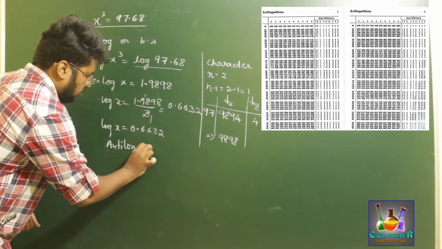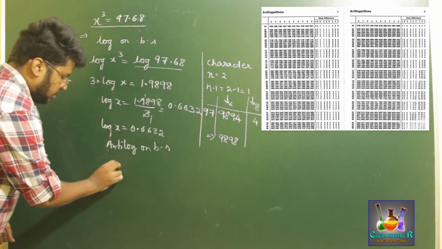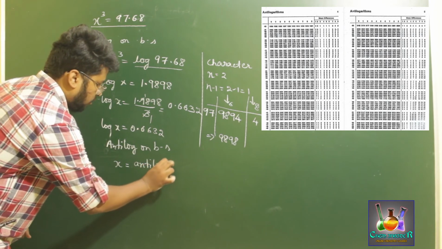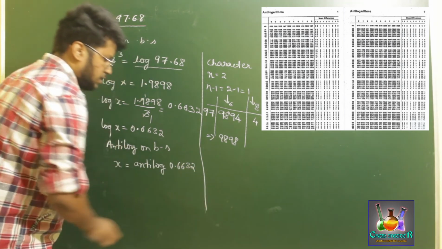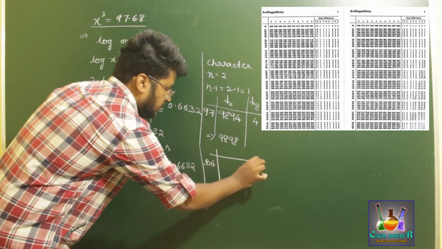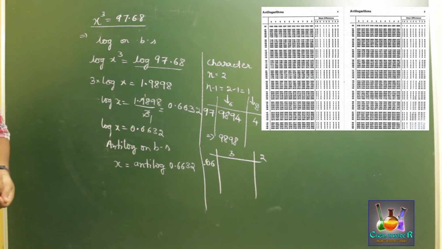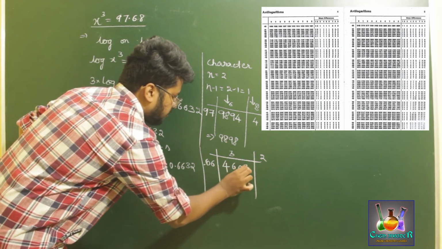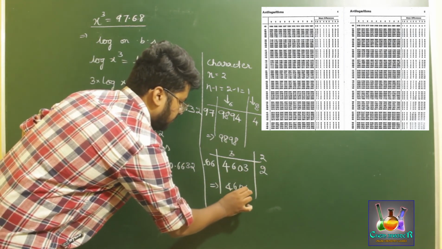Now taking anti-log on both sides, the anti-log and log of x cancel, leaving just x, so x is equal to anti-log of 0.6632. To find the anti-log of 0.6632, we need to find the value of 0.66 under 3 and under the mean difference of 2. The value of 0.66 under 3 is 4603, and with mean difference 2, that gives us 4605.